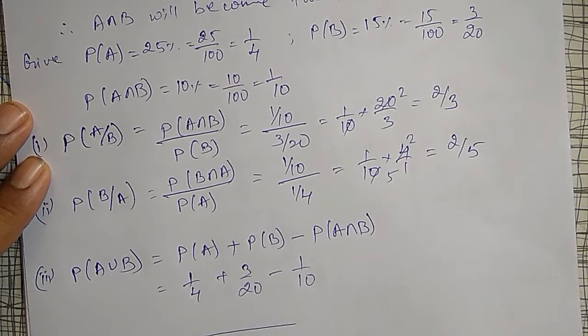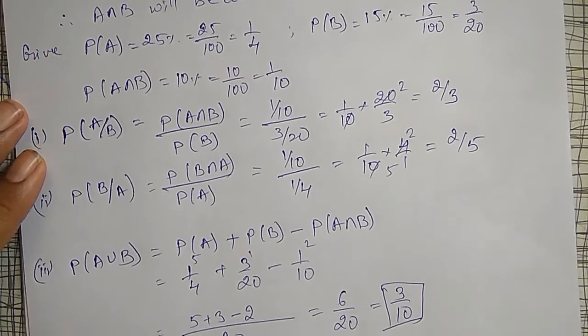LCM comes out to be 20. You can also use a calculator here. Therefore 4 5s are 20, 2 1s are 10, 2 2s are 5 plus 3 minus 2, that is 6 by 20 or 3 by 10, which is the required probability.